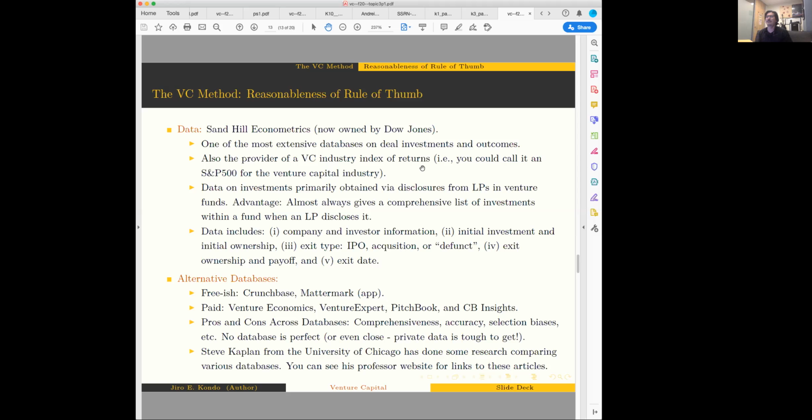But it's actually useful to note where they get their data. And actually, it's an interesting business model. They get their data from limited partners that put their money in different venture funds. Why is this an interesting and clever idea? Because the LP will know all the investments. Every time a VC wants to make an investment, they make a capital call. So whenever my VC makes an investment, I know that they've made an investment right away because I had to send a check.